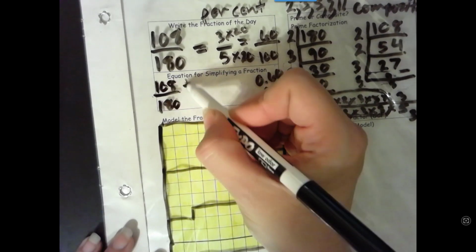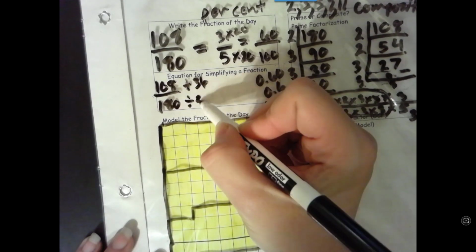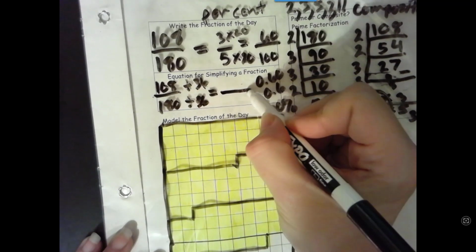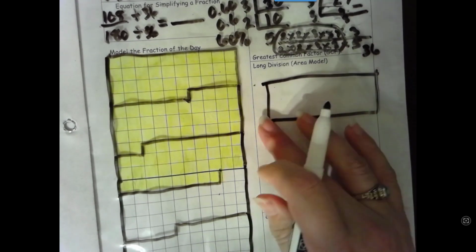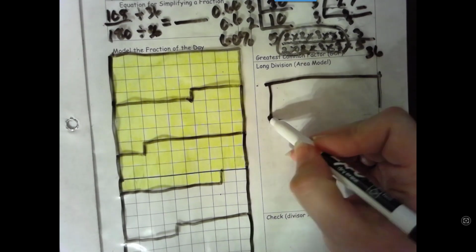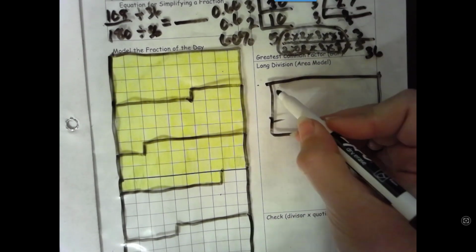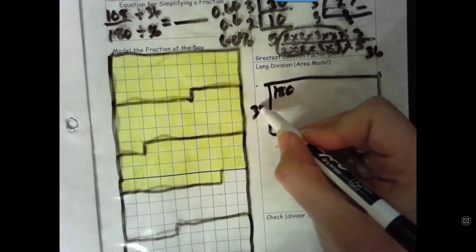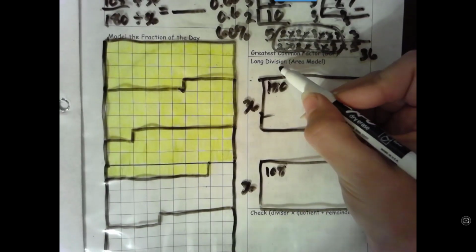Okay, now that we've done our division with our model, let's go ahead and use our algorithm. Groups of 36. 180 divided by 36. And 108 divided by 36. Let's see, two groups of 36.